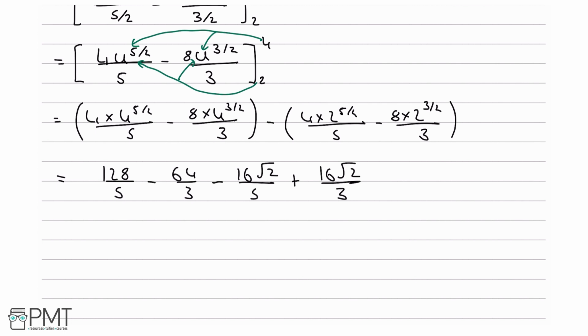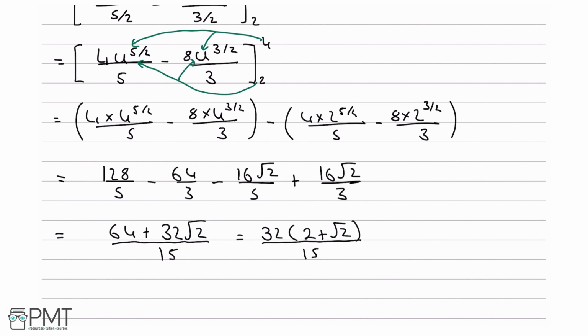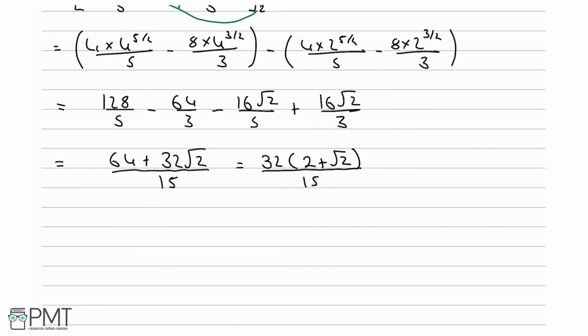Summing all these together, you will end up with 64 plus 32 root 2 over 15, and we can say this equals 32 times 2 plus root 2 over 15. Then using the rule that if you have a b over c, this equals a over c times b, we can say this equals 32 over 15 times 2 plus root 2, as required.